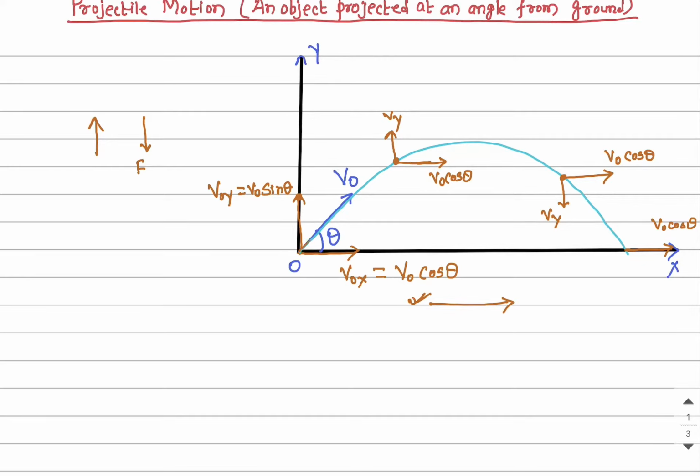The vertical velocity will keep decreasing, and when it reaches the peak, at that point the vertical velocity will be exactly equal to 0. And the horizontal velocity at this point will still be v0 cosine theta.